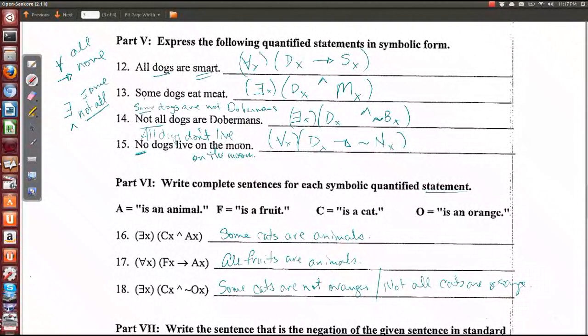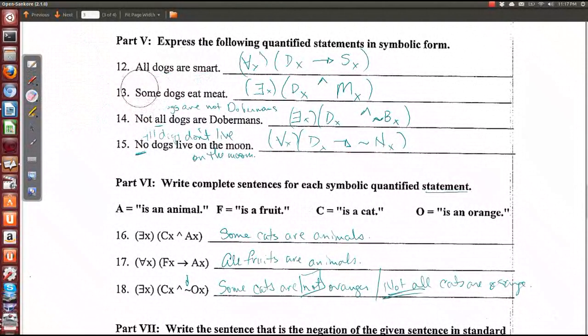Either one of those is acceptable because that negation either means I need to put not all, or it means I need to negate the second predicate. So that's how we go from symbolic notation to sentences and back for predicate statements.